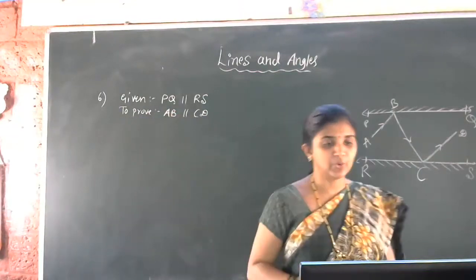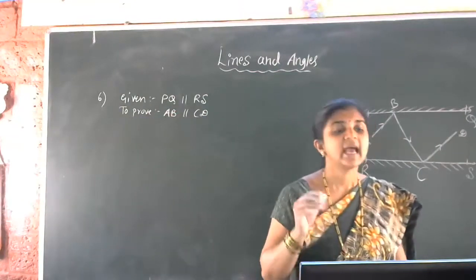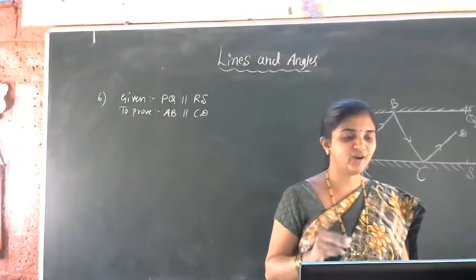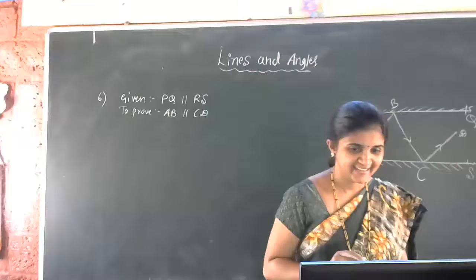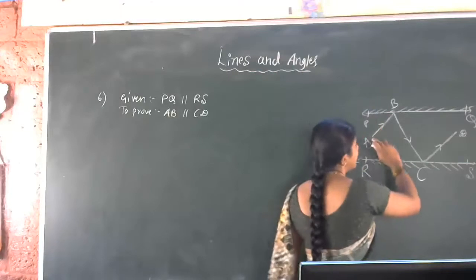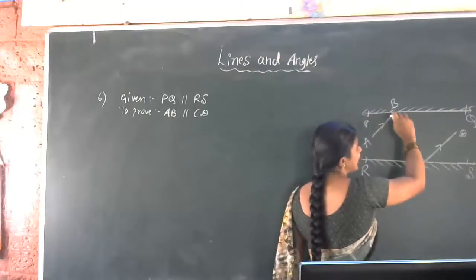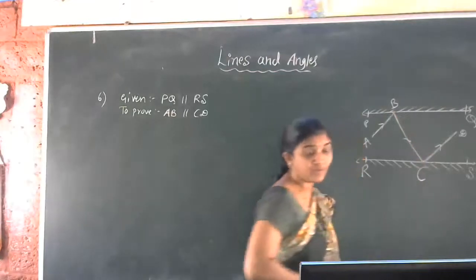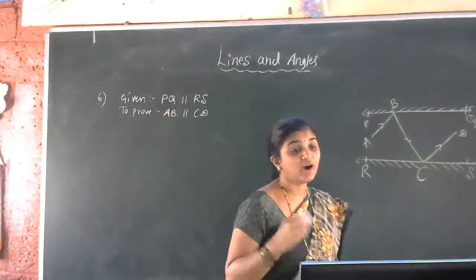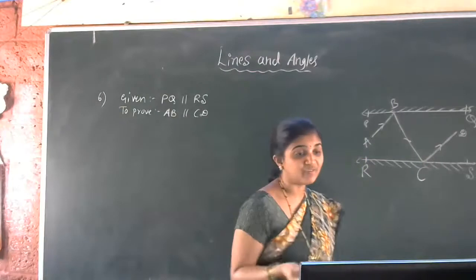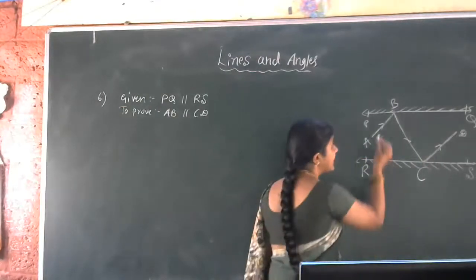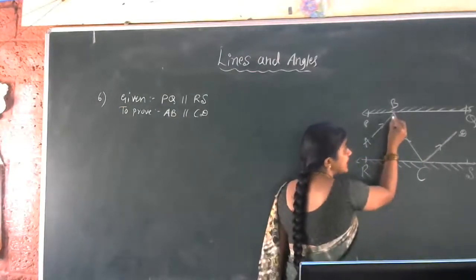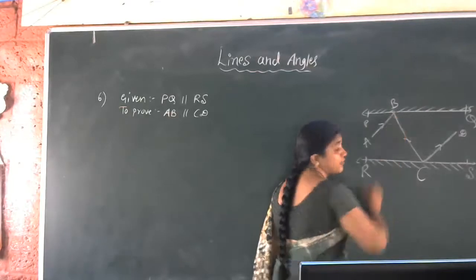What do you know about the angle of incidence and angle of reflection? Are you observing here? The AB line is incident and here it starts reflecting. So we know one concept, that is the law of reflection. By the law of reflection, we can say that the angle of incidence is equal to the angle of reflection.